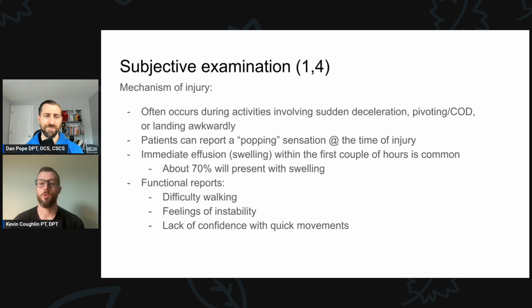Patients often report a popping sensation at the time of the injury. And as we get into clustering tests, this is one thing that they'll talk about: if the patient does report a pop, it tends to correlate pretty highly with an ACL tear in conjunction with other things. So not in isolation, but when it's part of a big picture, it is pretty important.